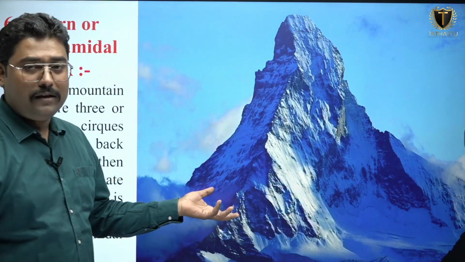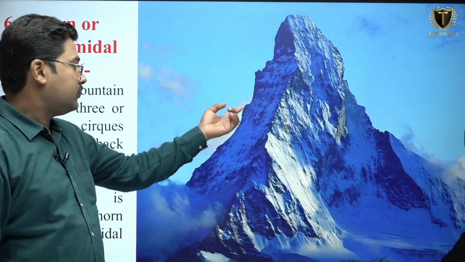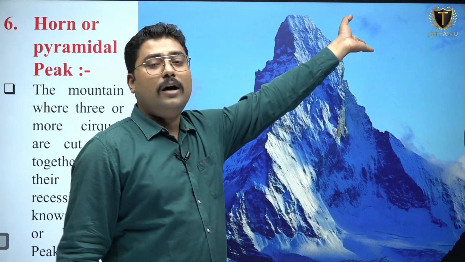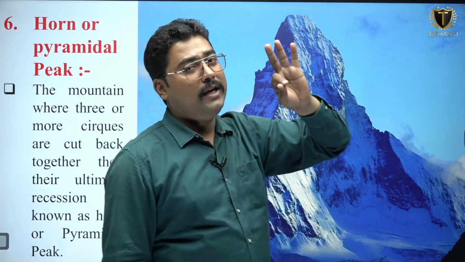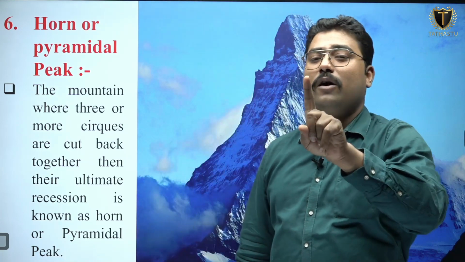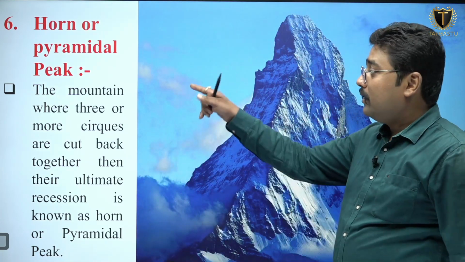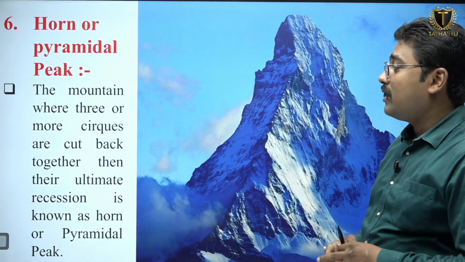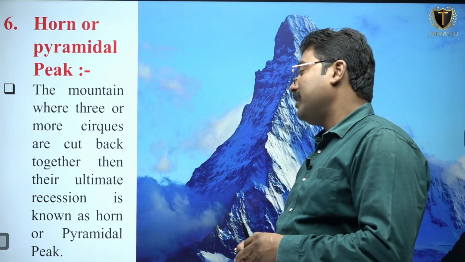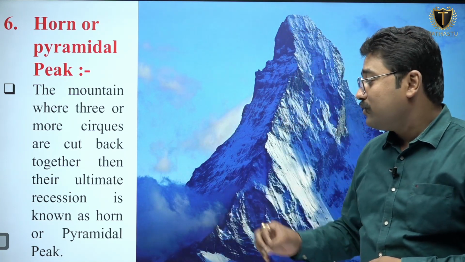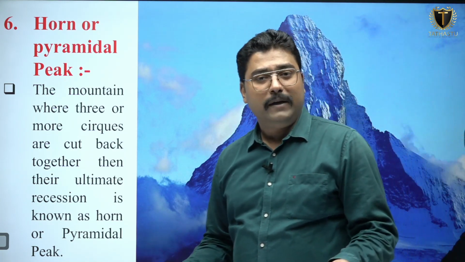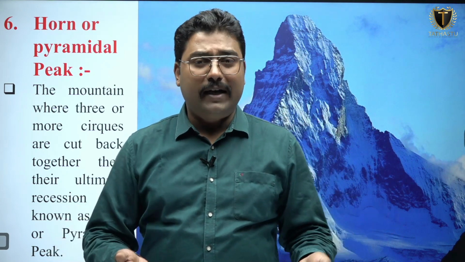As you can see, the three cirques, 1, 2 and the other side will be 3. Then it will be considered as a horn or pyramidal peak. The mountain where three or more cirques are cut back together, their ultimate recession is known as the horn or the pyramidal peak. Now moving on to the next.